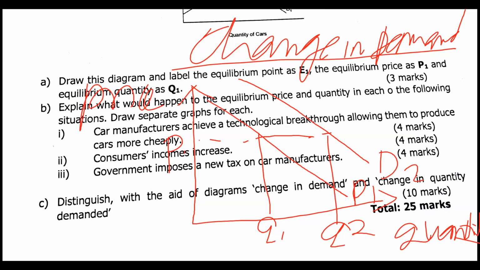What has changed is the entire demand curve. The entire demand curve has shifted depending on the influence of that factor. If that factor is causing demand to increase, the demand curve will shift to the right. If that factor is causing demand to decrease, the demand curve will shift inward. If it is decreasing, it shifts inward; if it is increasing, it shifts outward. This is how we depict that. Then you see that the quantity demanded will increase as well. Clear?